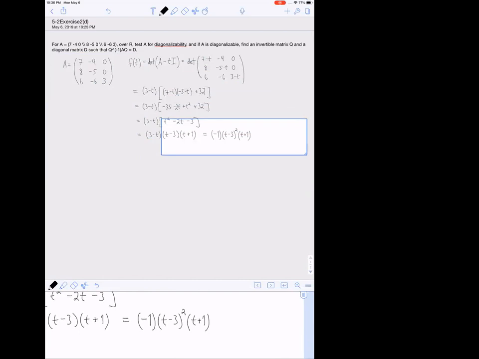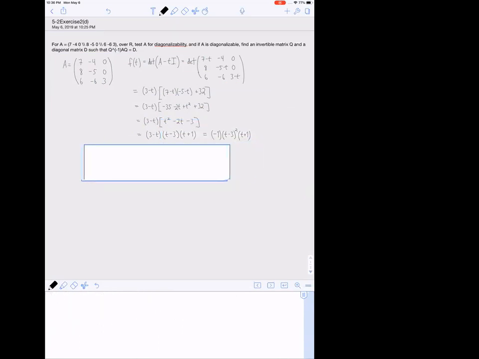Let's observe that the eigenvalue negative 1 must have at least one eigenvector. So there, the eigenspace dimension will definitely match the multiplicity of the eigenvalue. So the only thing that will really determine now whether or not A is a diagonalizable matrix is whether the eigenspace for eigenvalue 3 has dimension 2. So let's investigate that.